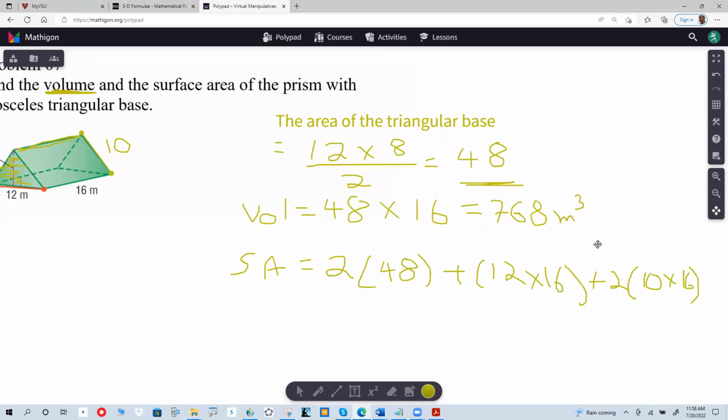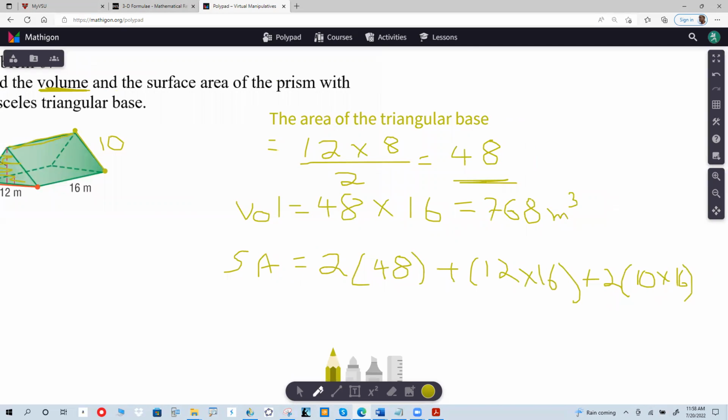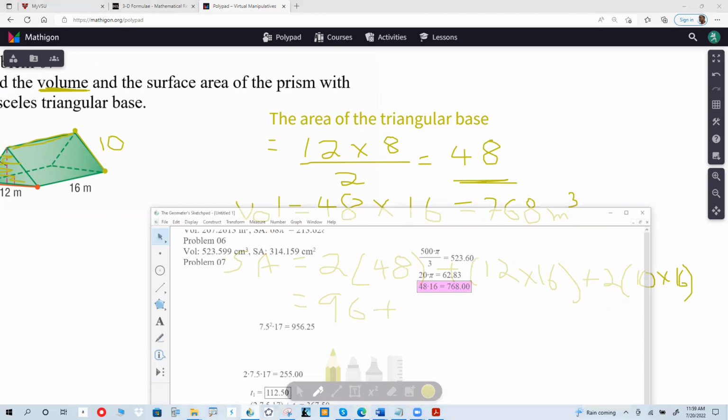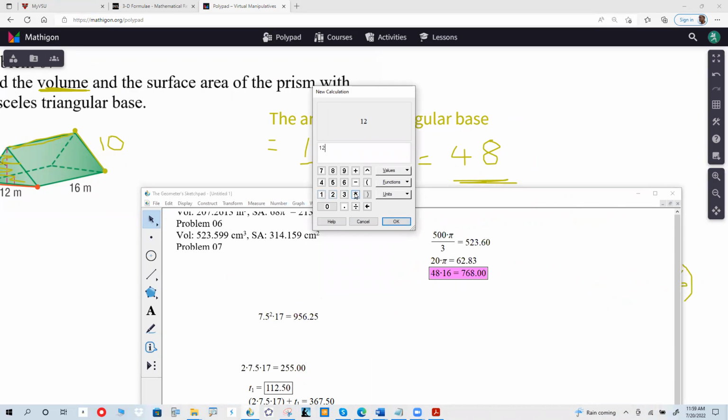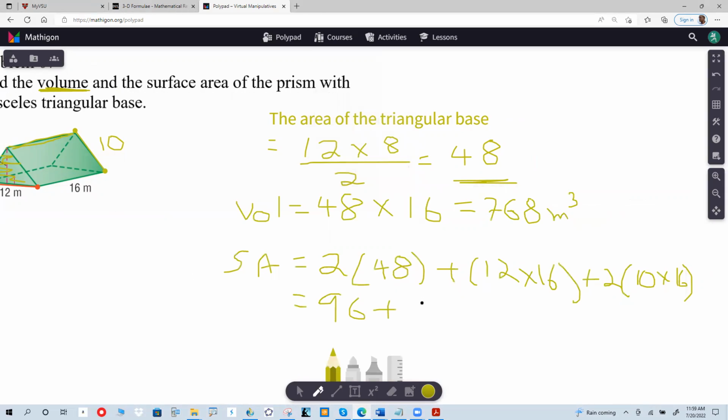Now I have to carefully calculate. 48 times 2 is 96. 12 times 16 is 192. And 2 times 10 times 16, you can almost do it in your head: 16 times 10 is 160, 160 times 2 is 320.